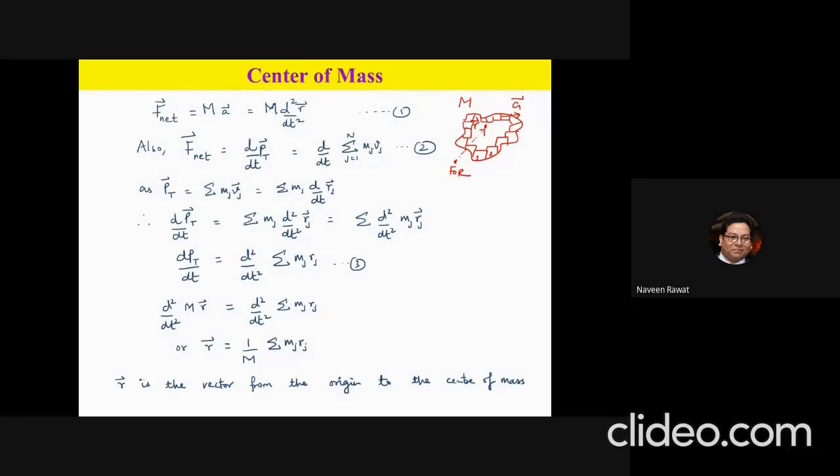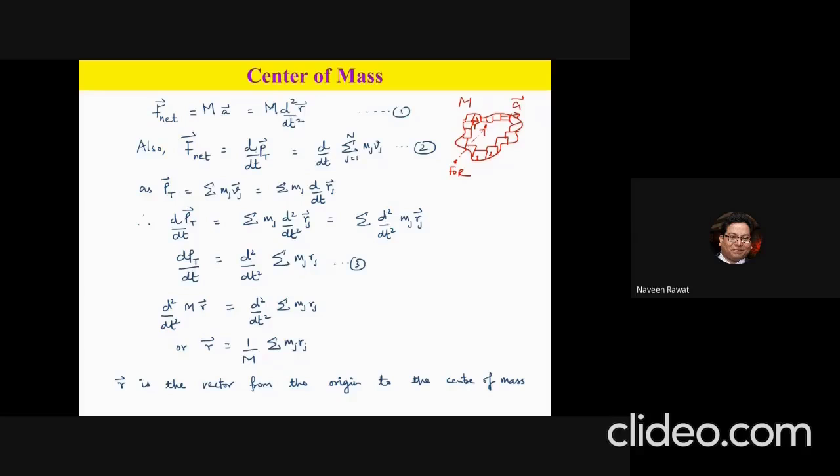Okay, so the total momentum will be the sum of these momentums of each of these objects. Okay, and again for velocity we can write the formulation in 3 dimensions, which is d by dt of some position r. Okay, so now what we can do is we can equate these two, right?